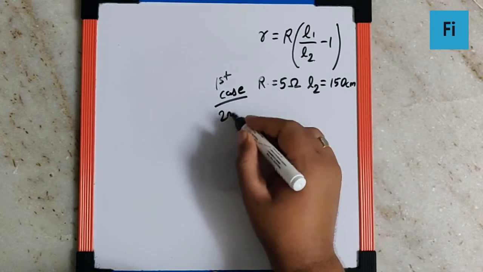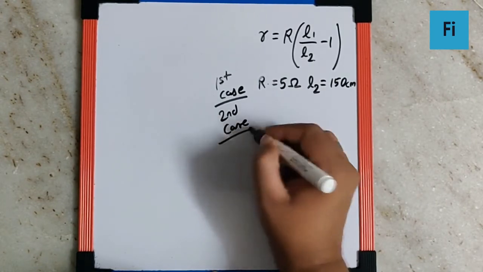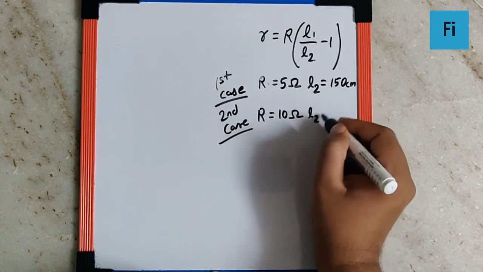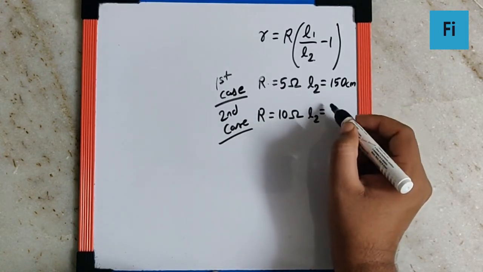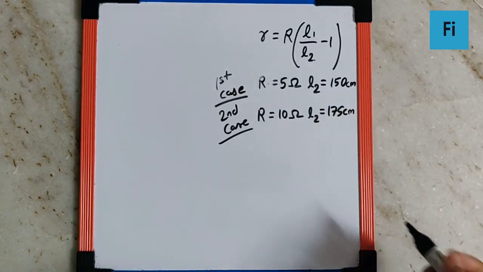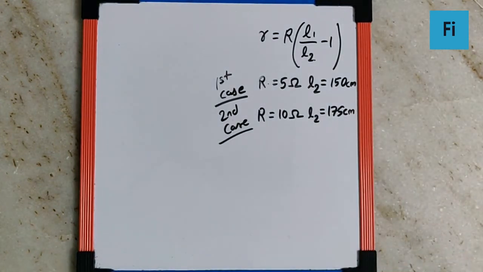And in the second case, when the resistance is 10 ohm, L2 is 175 centimeter. In both cases they have not given L1, they have given L2 only.